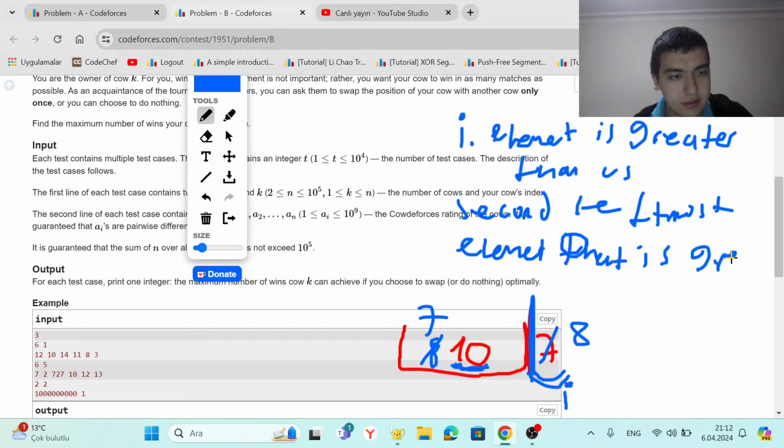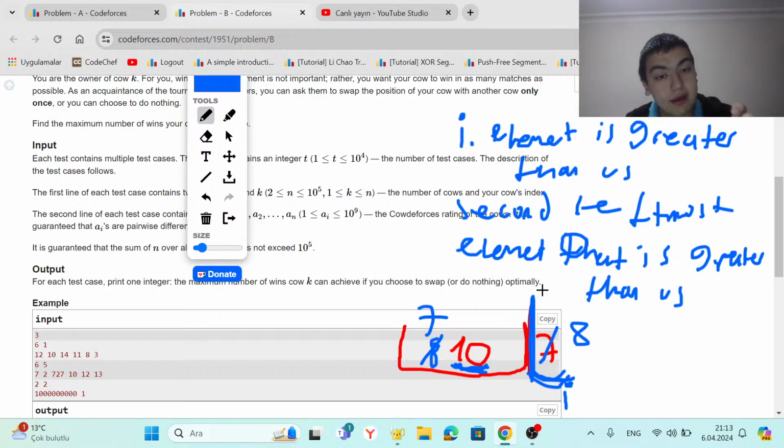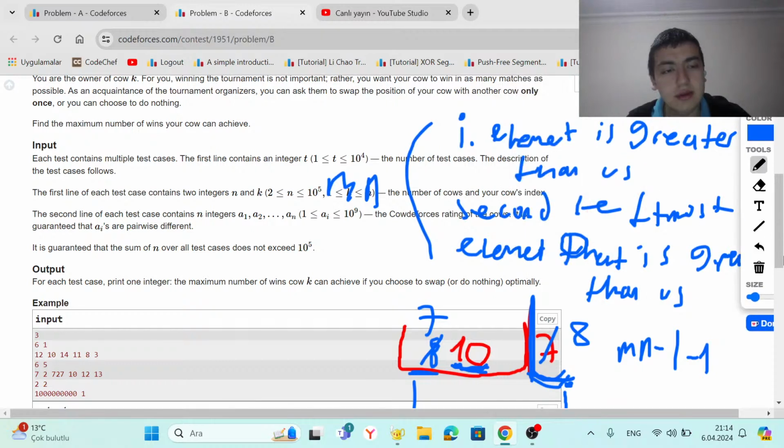So we should look at the minimum of their indexes, the second leftmost element and I, because when we swap I with the leftmost element that is greater than us, now I is greater than us, and the second leftmost element is also greater than us. So we can look at the minimum of them, and we can win matches in this option.